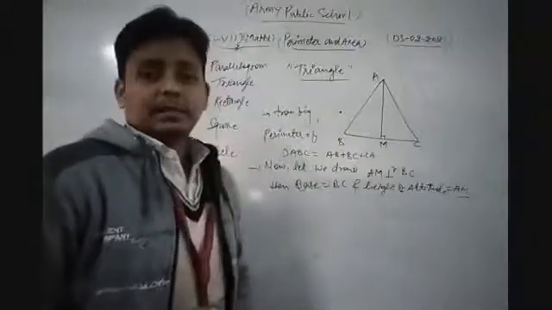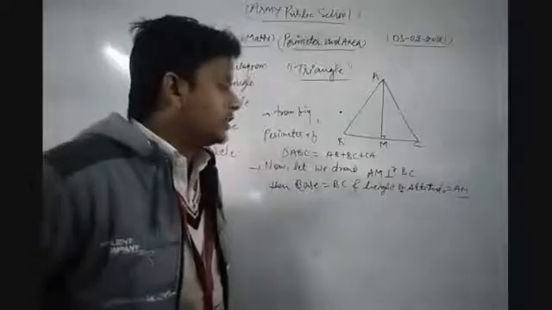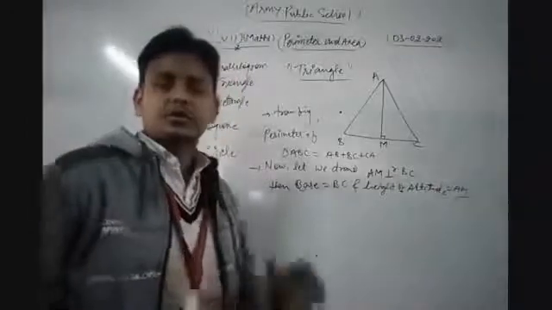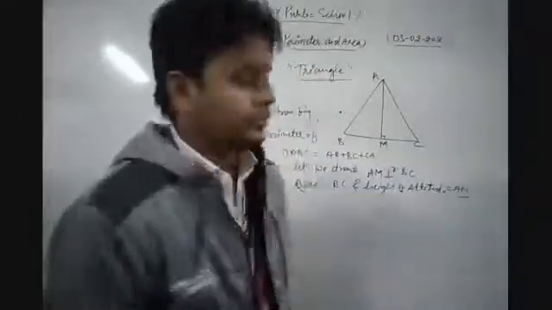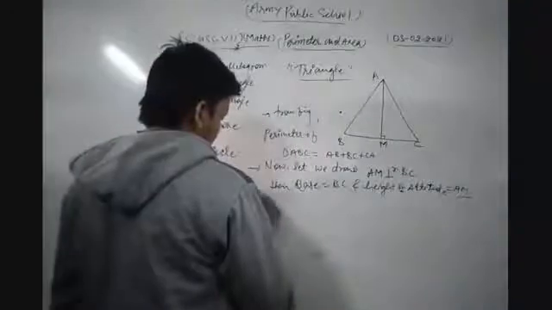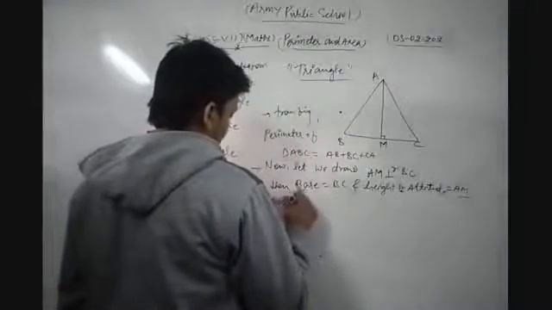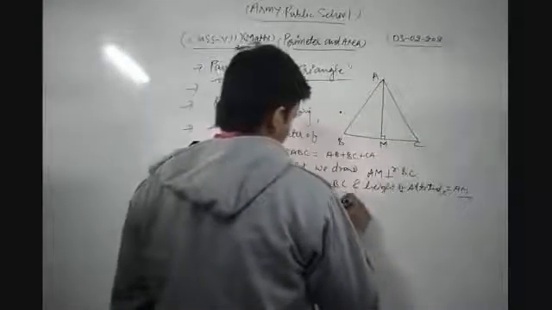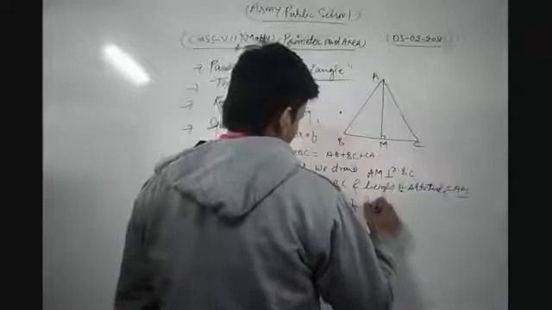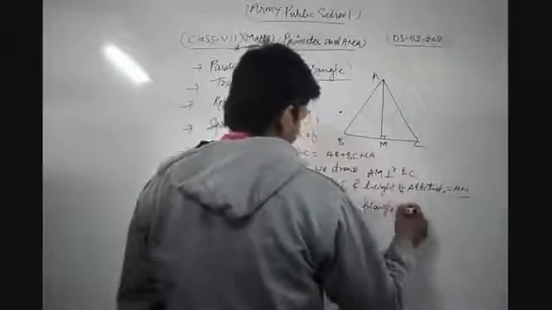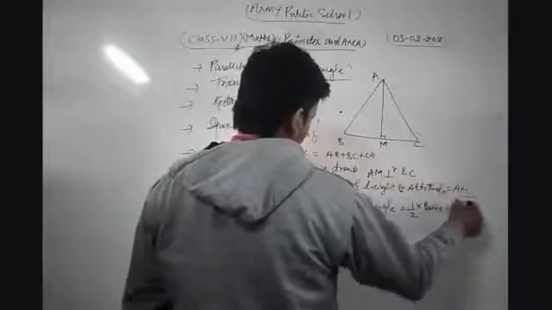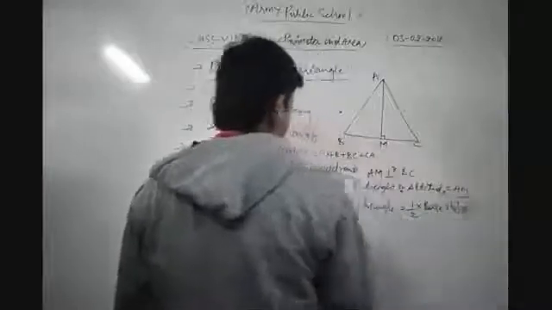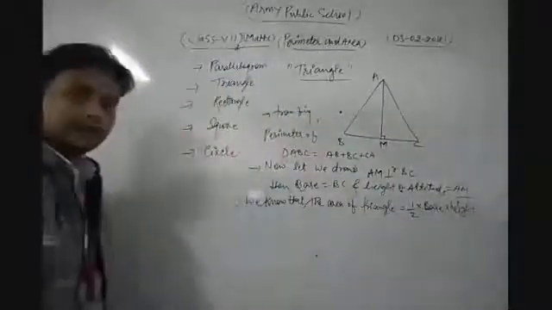If we take BC as a base, then its corresponding altitude is AM. And you know, we discussed many times that the general formula for the area of a triangle is 1/2 into base into height. This is the general formula for the area of triangle ABC.